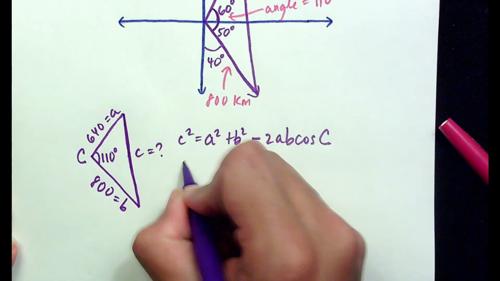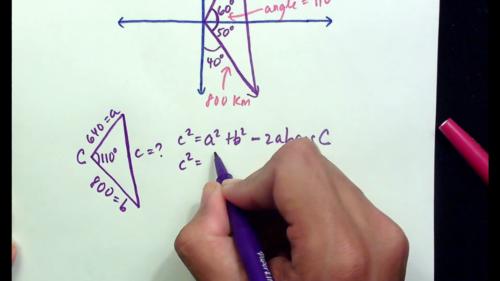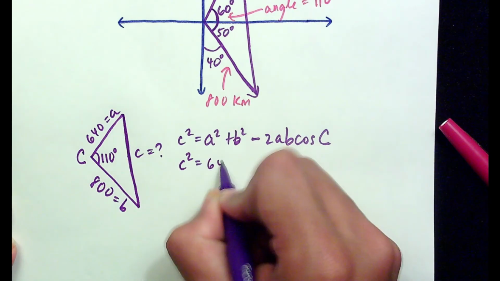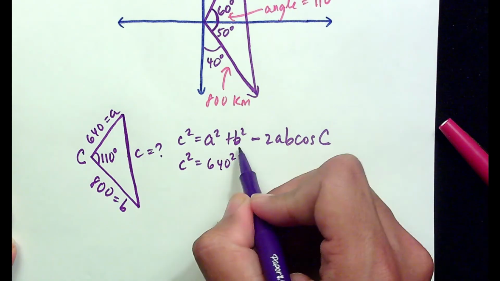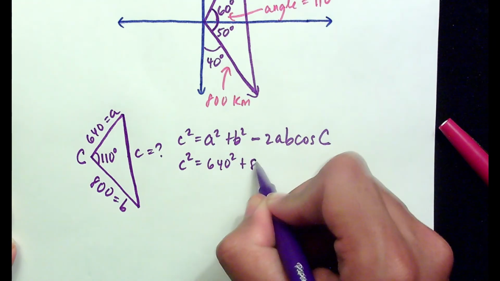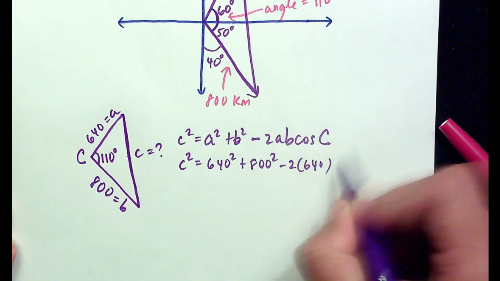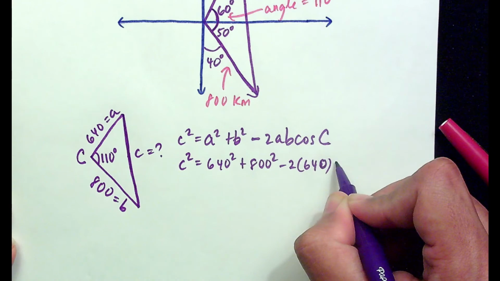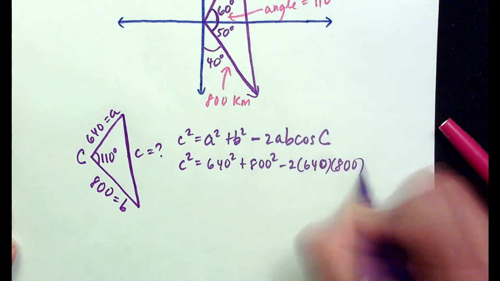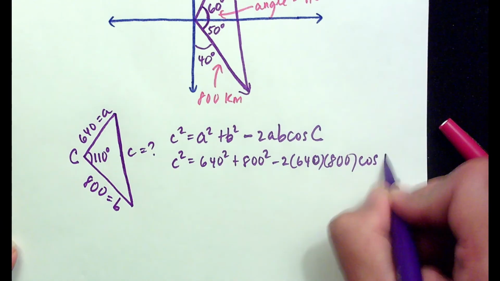We get lowercase c squared equals little a, 640, squared plus lowercase b, 800, squared minus 2 times 640 times 800 times the cosine of the angle, 110.